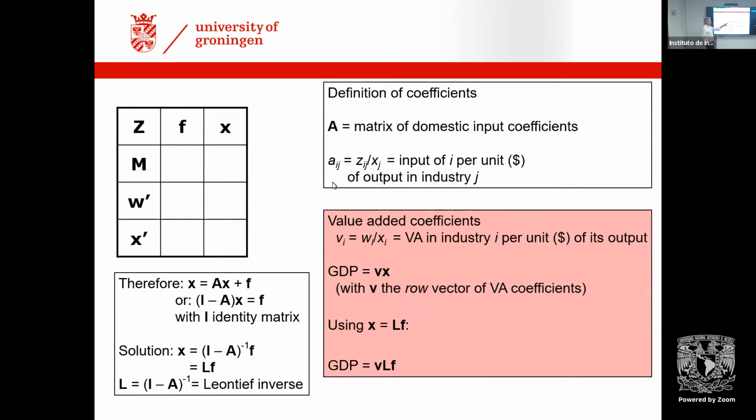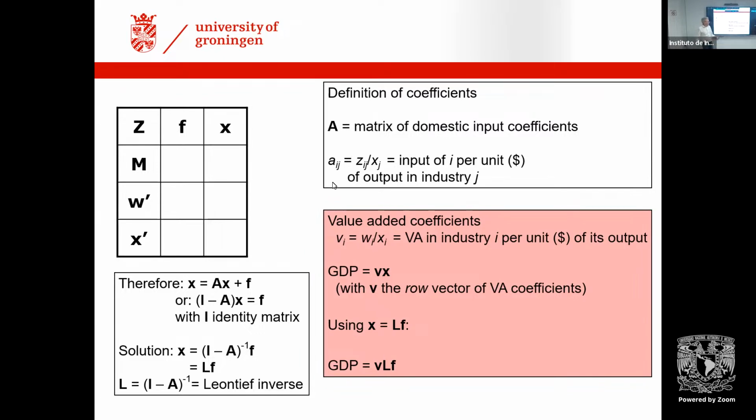So we define value added coefficients as V, value added in industry i per unit of its output in dollars. And just not to get stuck with all these accents, I've left out the accent here, but V is defined as a row vector of value added.